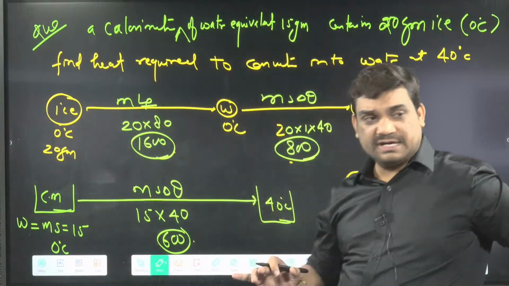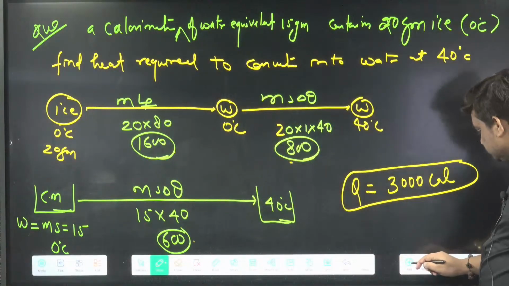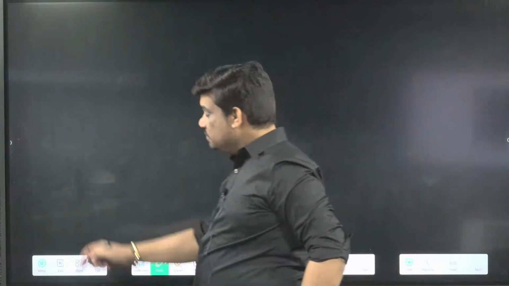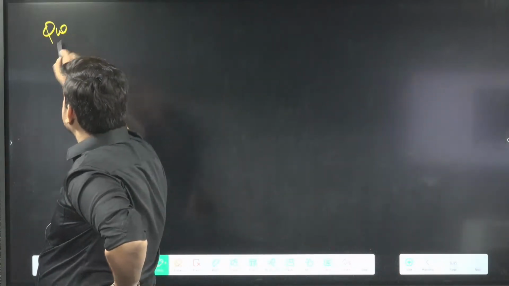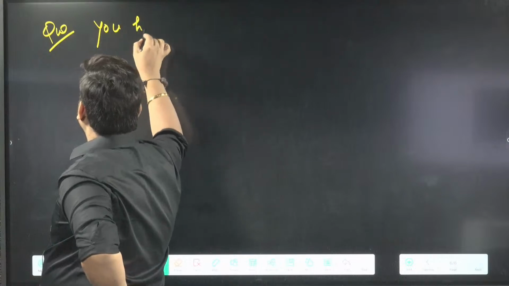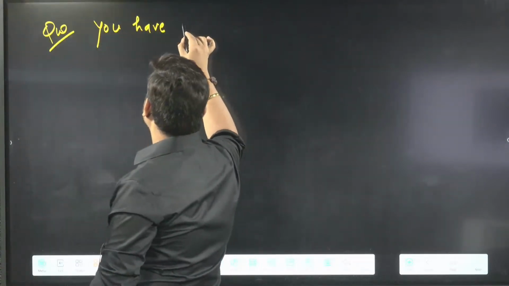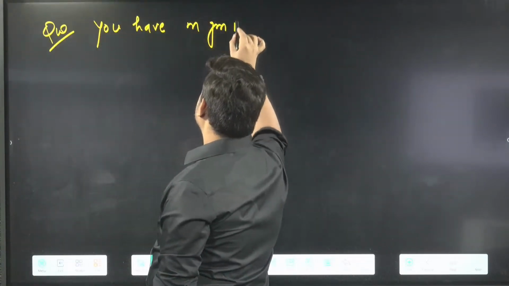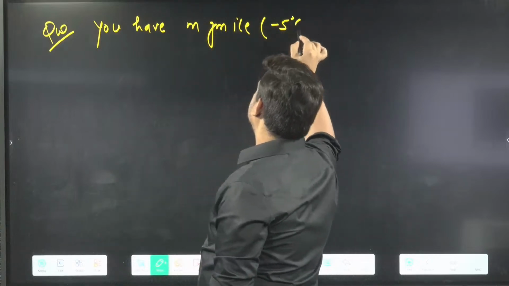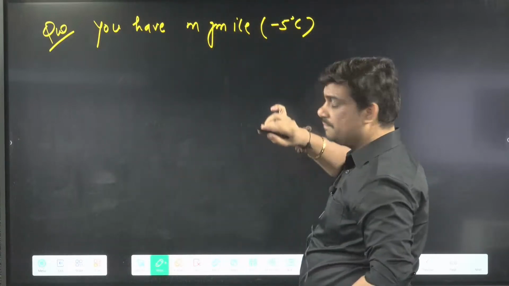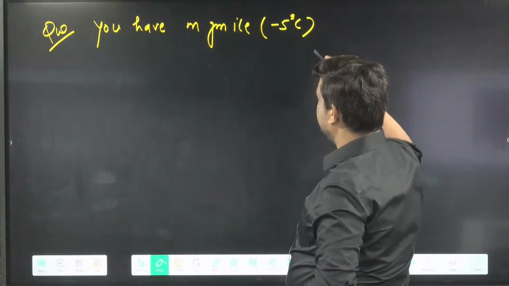So now we can say one question is here. You have m gram ice at minus 5 degrees Celsius.